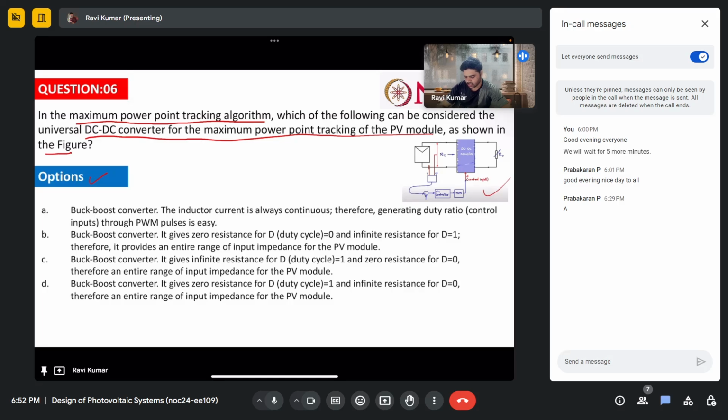It is asking which condition and why any DC-DC converter can be considered universal.